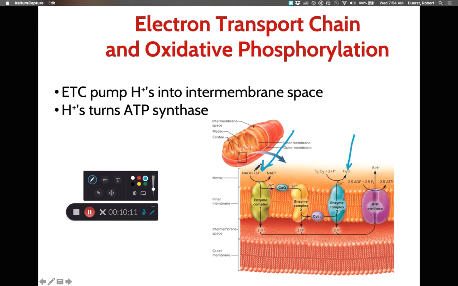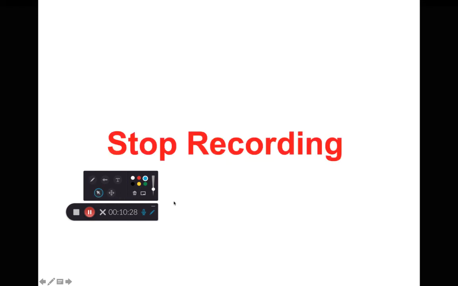For every 2 electrons that NADH drops off, we use the 2 electrons to make 1 water molecule and 2.5 ATPs. No, you do not need to know this bookkeeping for the exam. I find it interesting. Personal interest.